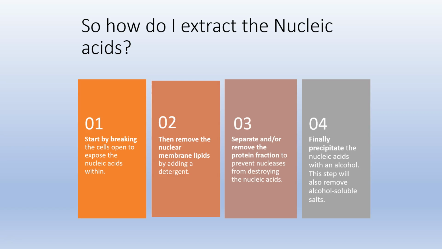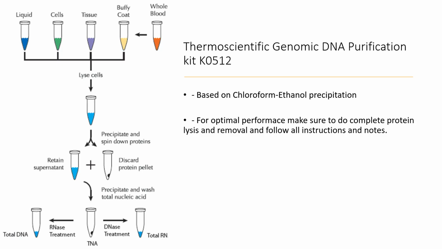The reason for that is that alcohol lowers the solubility of DNA inside your solution and precipitates it out. It also removes alcohol-soluble salts from your system so that it's more pure DNA that you get as a final byproduct.